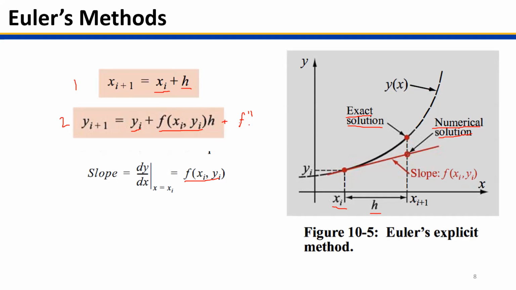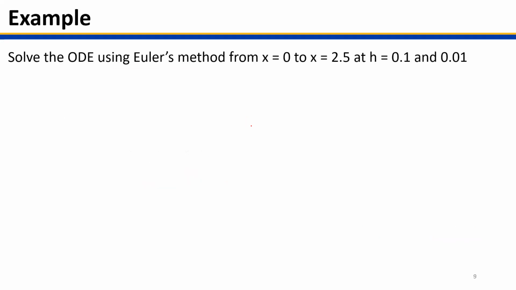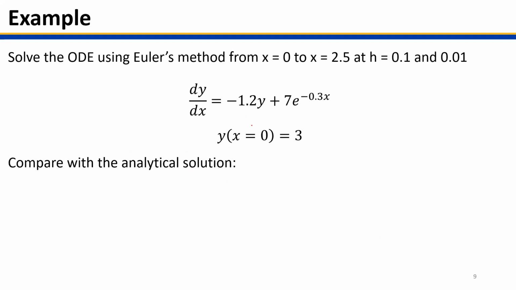But we have the equation here, so let's just do a simple example. So our goal is to solve this differential equation, and we have the bounds here given. Everything is given. And then we have 2 steps to compare, 0.1 and 0.01. So our differential equation, who can tell me how to solve this analytically?